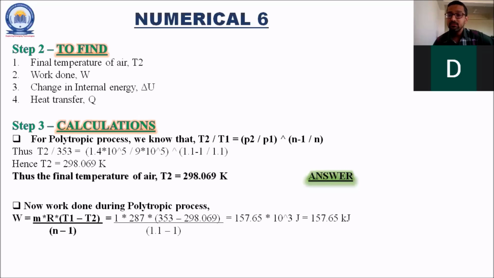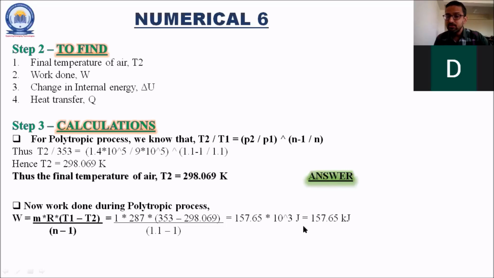In place of P1V1, I have substituted mRT1. In place of P2V2, I have substituted mRT2. mR is taken common, so now the equation becomes W is equal to mR (T1 minus T2) upon (n minus 1). Why am I using this equation? Because I already have the values of T1 and T2. Mass is given, capital R is given, and the polytropic index is also given, so it is very easy for me to calculate W.